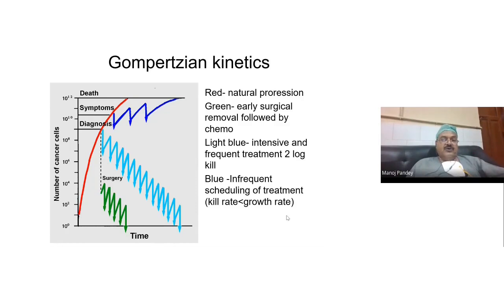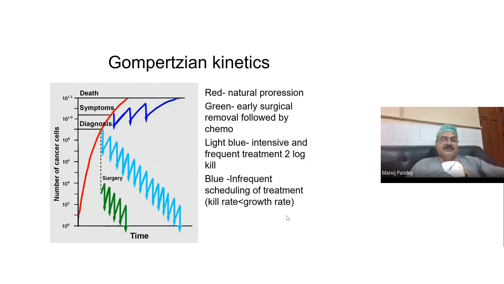If you do not do any intervention, either surgery or radiotherapy or chemotherapy, the cells will keep on growing until the patient dies of their own natural death, represented by the red line. The earlier you intervene, when the growth rate is higher, the better the survival, because as the growth rate is higher, the cell kill will be higher. And the later you intervene, the cell kill will be lesser.